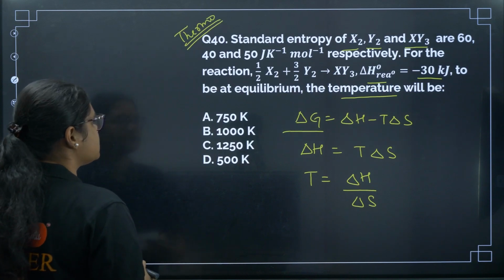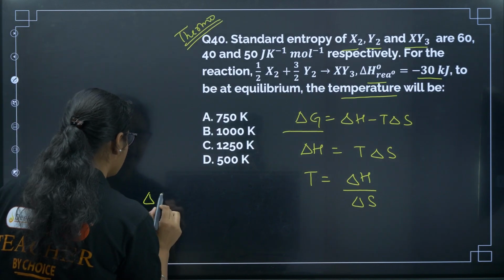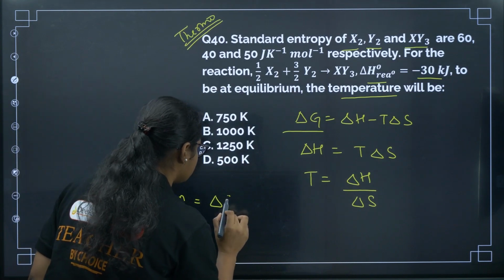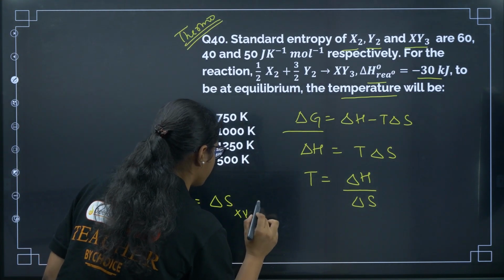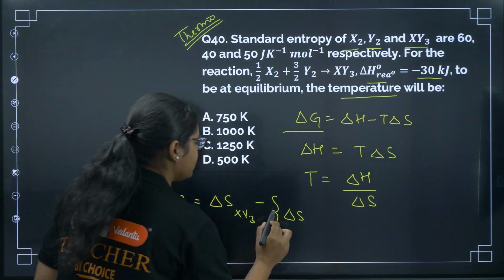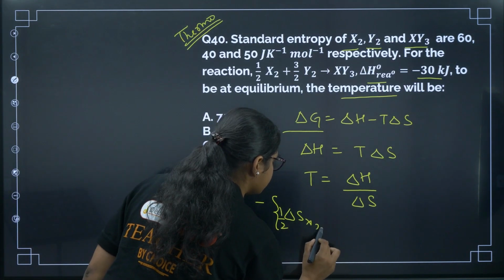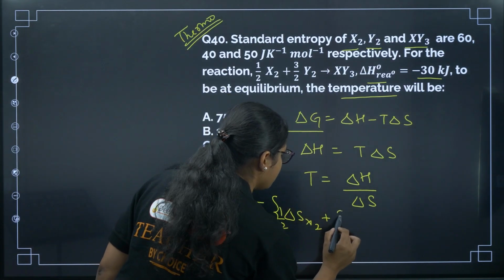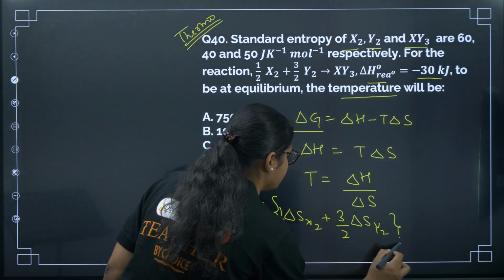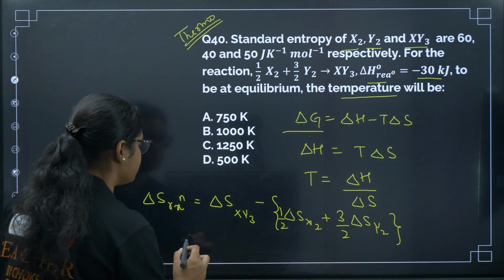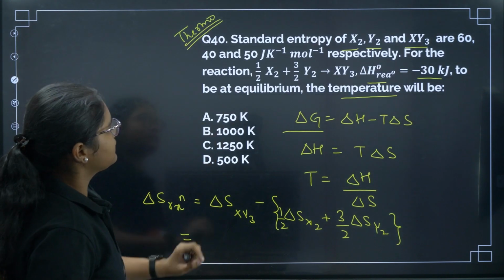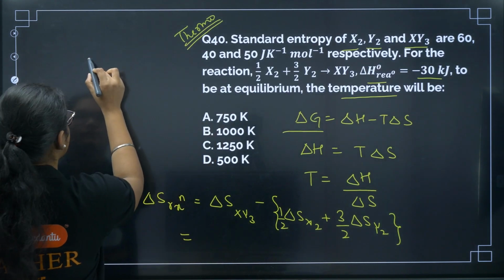Now if you solve this one, you can see delta S of the reaction is equal to delta S of XY3, that is the product, minus delta S of reactant: 1 by 2 delta S X2 plus 3 by 2 delta S Y2. Now we can substitute the values. Let us first write down the values separately here.